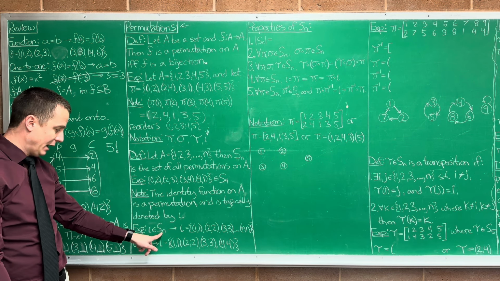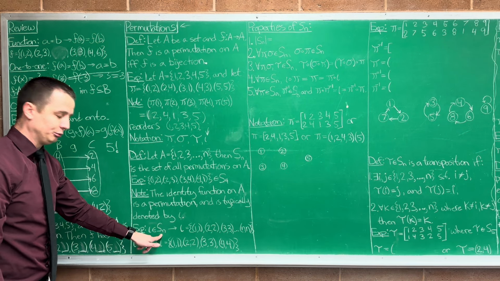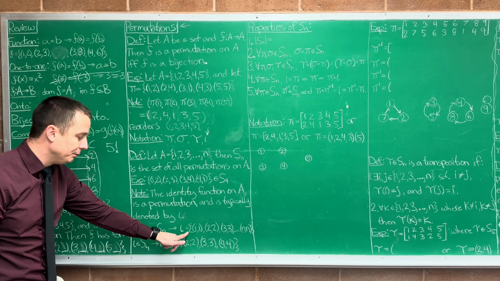So if iota is in S sub n, what is iota? It's a function that maps 1 to 1, 2 to 2, 3 to 3, 4 to 4, dot, dot, dot, all the way up to n, for whatever n was. If this was iota in S sub 20, then iota would be the thing that maps 1 to 1, 2 to 2, 3 to 3, dot, dot, dot, all the way up to 20 to 20.